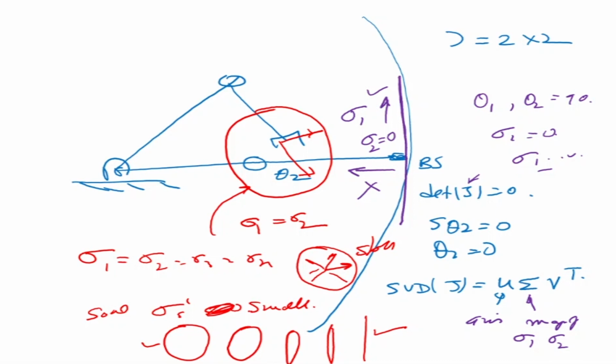And as you're moving in space, what is happening? Your ability to move in different directions is getting reduced. It depends on the singular values now. So that is basically what is telling us why, when we are moving from here to there, your determinant of J was equal to 0, which means you are at a singularity, whereas here you're in the best position because your determinant of J was equal to 1, L1 L2 equal to 1.